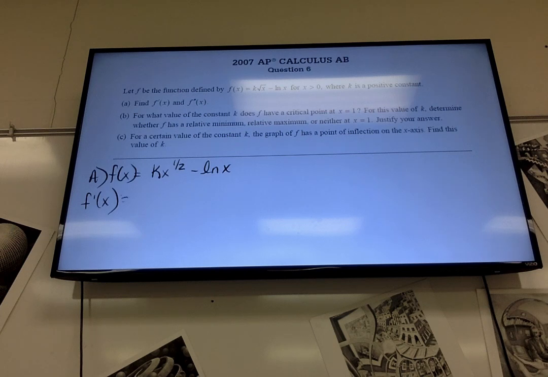1/2, you bring the power down, so that's 1/2 times k, and then you lower the exponent to x to the negative 1/2. And then the derivative of natural log of x is the derivative of x, which is just 1 over x.